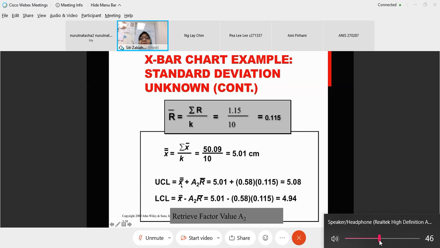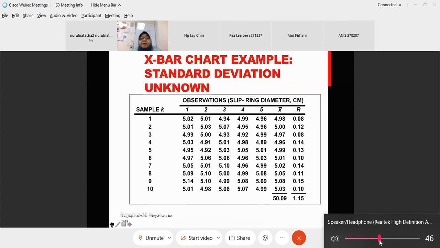So kita tengok UCL. UCL formula is X double bar plus A2 times R bar. You have R bar, you have X double bar, A2. Okay? A2. Macam mana nak dapat A2? How do you get 0.58?